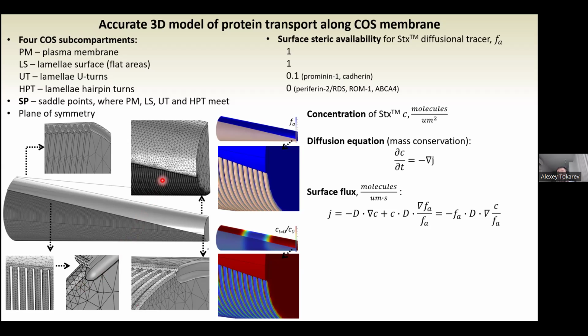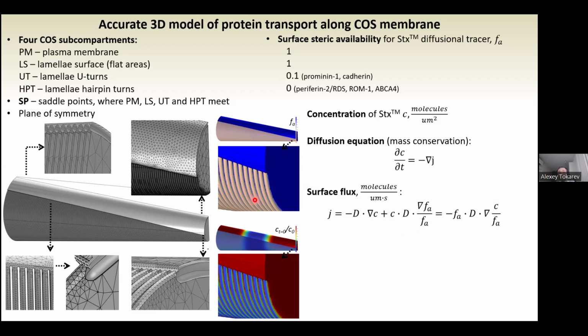So we solve the mass conservation equation, which is shown here, with a flux which contains a diffusional term and a term responsible for exclusion of rhodopsin or syntaxin from the region where other molecules constitute U-turns.